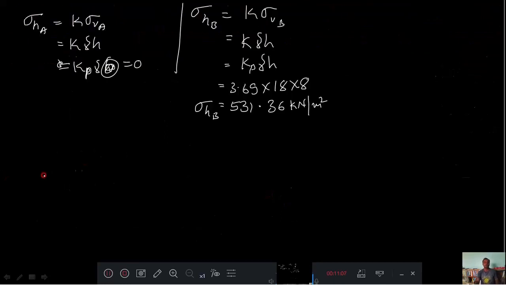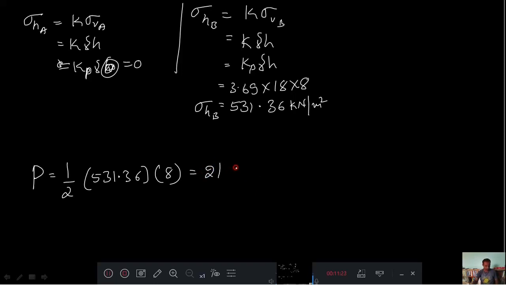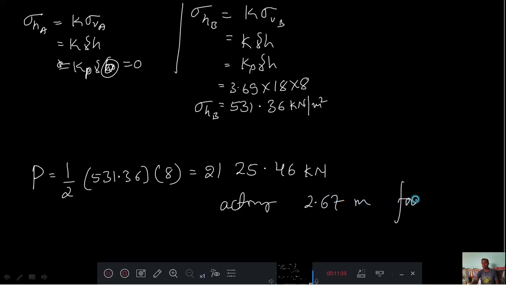Then P equal to half into base 531.36 into height 8 meter, then the answer is 2125.46 kilonewton, acting 2.67, that is h by 3, 2.67 meter from bottom.